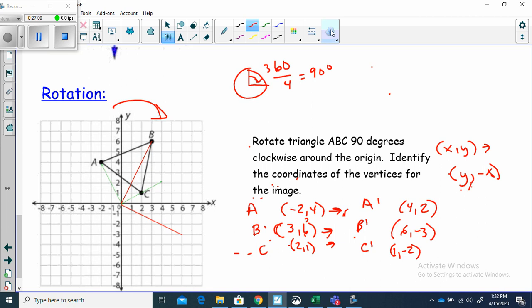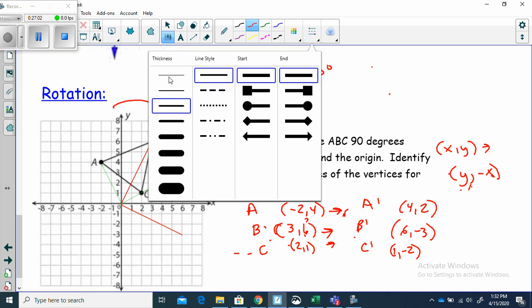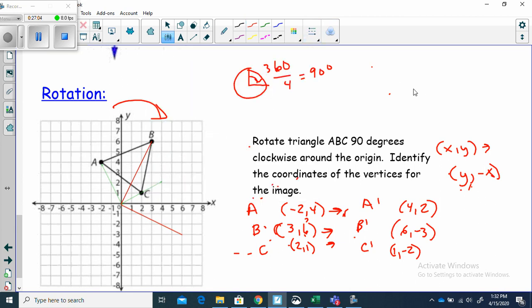Let's find 1, -2. C prime would be at 1, -2. So we could draw our triangle. It would look something like this. Oops, not very good at drawing, am I?